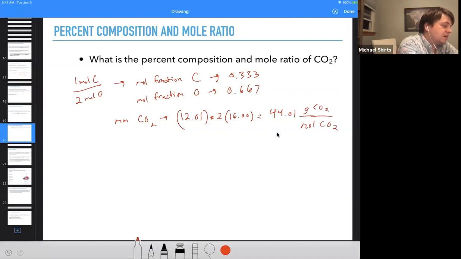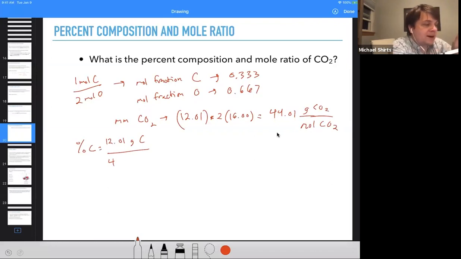And so the percent carbon, let's take 1 mole. What's the percent carbon in 1 mole? Well, it has 1 mole of carbon. So we have 12.01 grams of carbon in 1 mole, because in 1 mole of carbon dioxide, there is 1 mole of carbon.